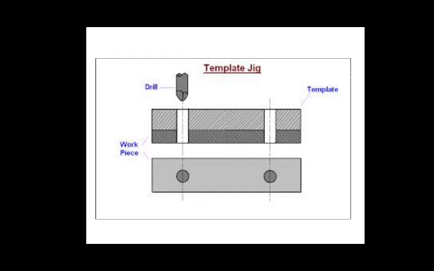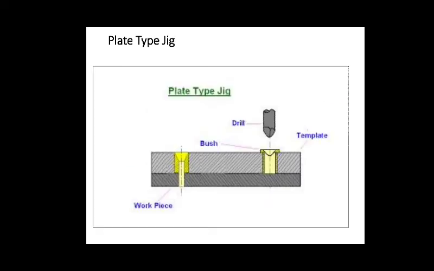Now let us see the next type, that is the plate type jig. You can see the improvement over the template type of jig. In place of simple holes, drill bushes are provided.